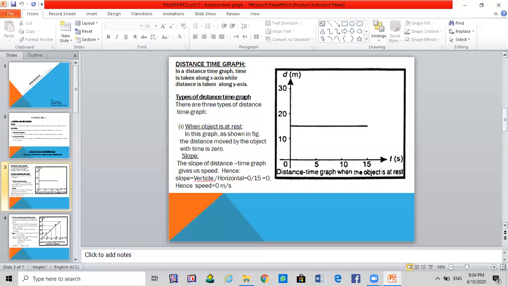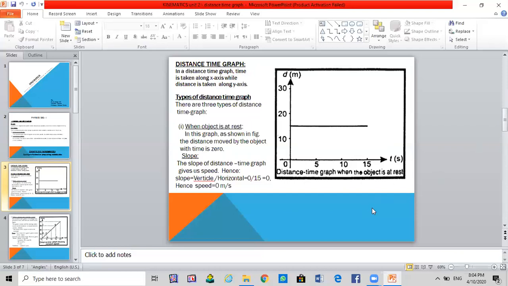Slope is equal to vertical divided by horizontal. As you see, it is a horizontal line, so the vertical component of the graph is 0. So 0 divided by 15 is equal to 0. Hence, the speed is 0 meter per second.